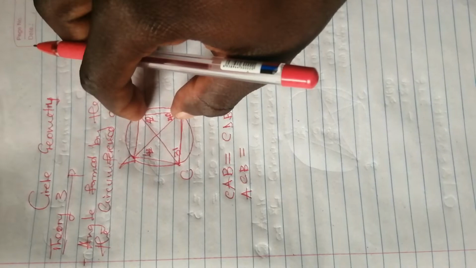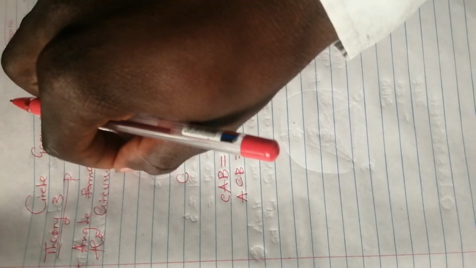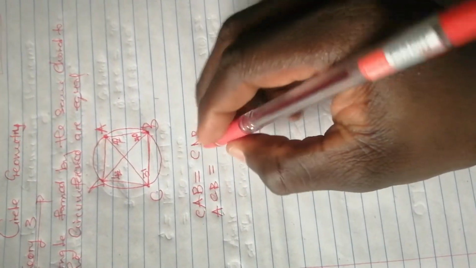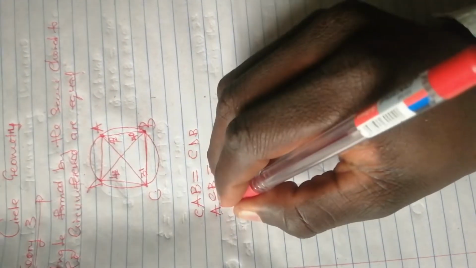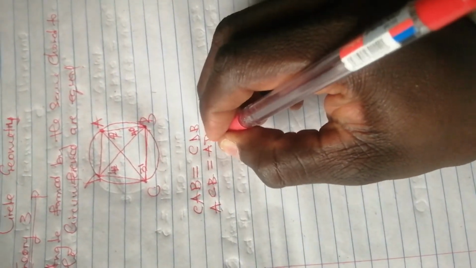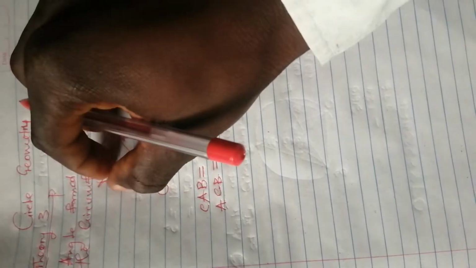Go back to the same chord, go to the circumference using other lines, angle D. So ACB is equal to ADB. Why? Because angles formed by the same chord to the circumference are equal.